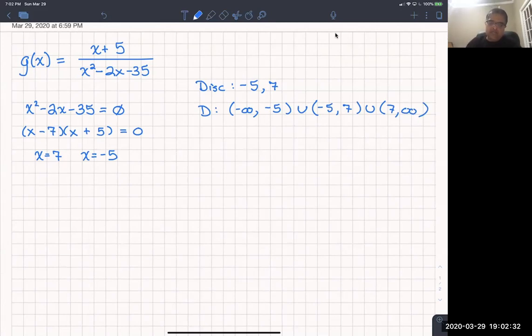That's why we use parentheses and not brackets. But this is not where the story ends, because discontinuities come in two flavors, if you will. There are two types of discontinuities. There are either removable discontinuities or vertical asymptotes.